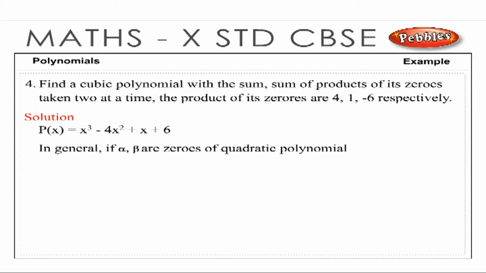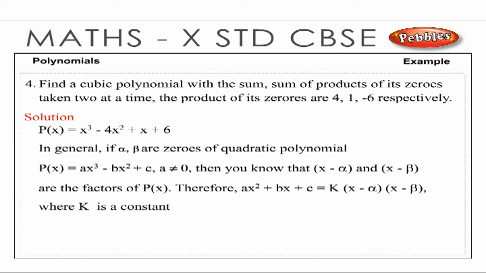In general, if alpha, beta are zeros of the quadratic polynomial P(x) is equal to ax square plus bx plus c, a is not equal to 0, then you know that x minus alpha and x minus beta are the factors of P(x).